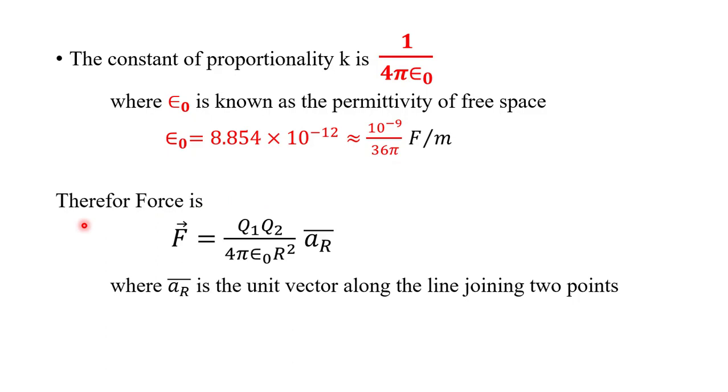Therefore, by putting that constant K in the proportionality equation, we can write the vector force as Q1 Q2 upon 4 pi epsilon naught r square into aR bar, where aR bar is the unit vector along the line joining the two point charges.